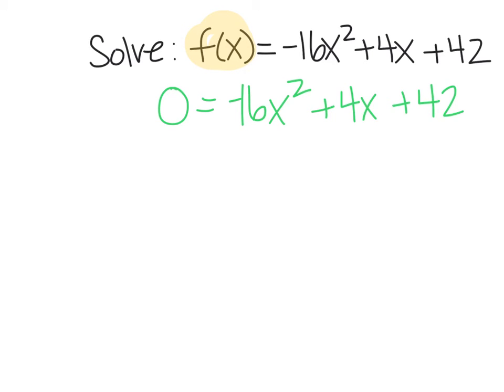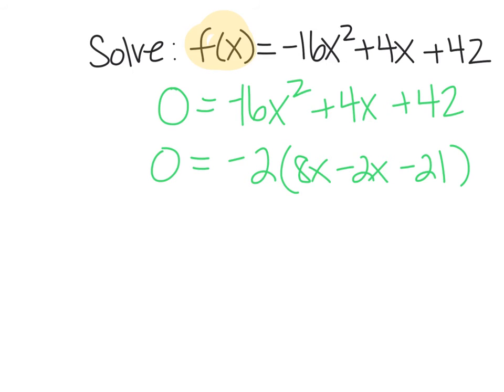Once I have that equal to 0, I'm going to factor to solve. So I need to first take out a GCF. My GCF is negative 2, and I am left with 8x squared minus 2x minus 21. Now the important thing here is to make sure that you are always factoring out the negative if your first term is negative.